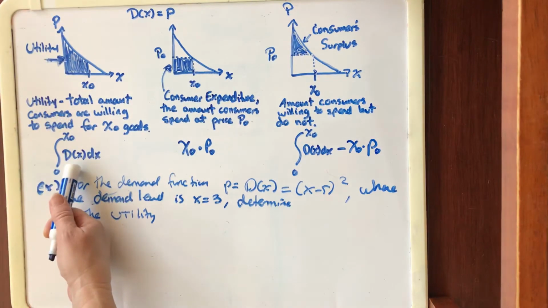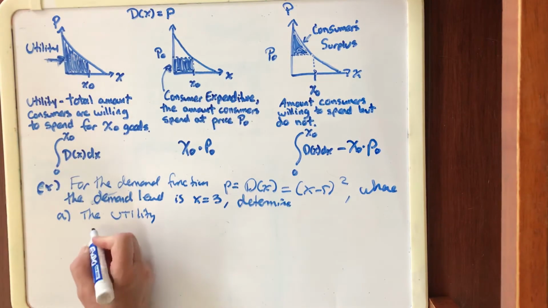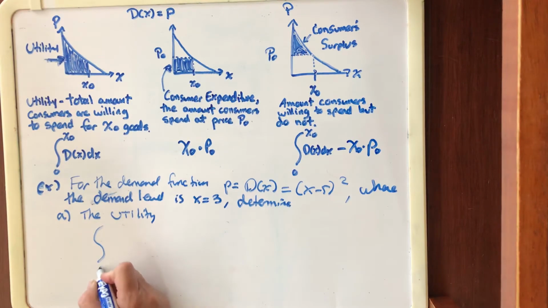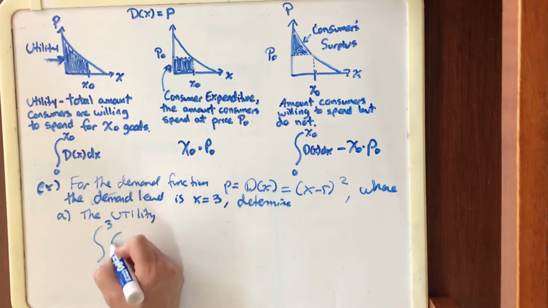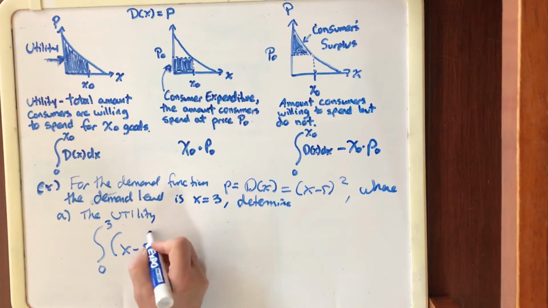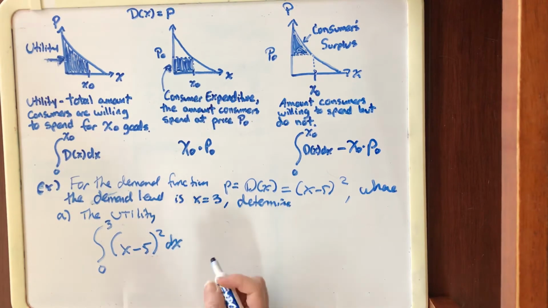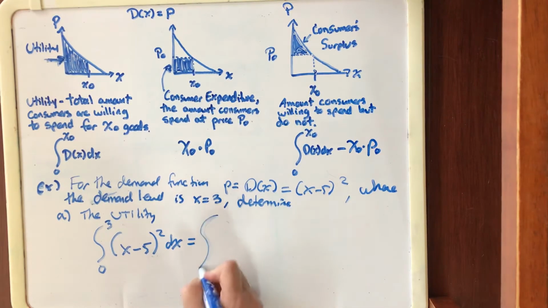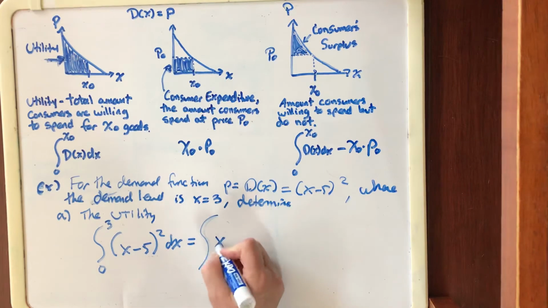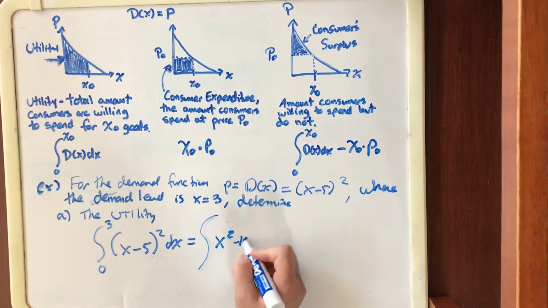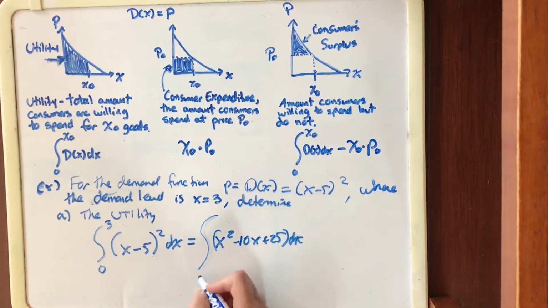So we're going to use this integration. In our problem, we're going to integrate from 0 to 3 of X minus 5 squared dx. And of course, we're going to expand that. That gives us X squared minus 10X plus 25 dx from 0 to 3.